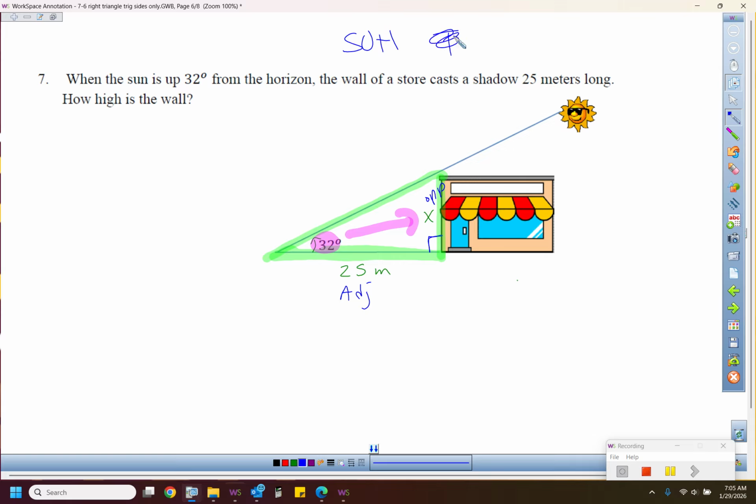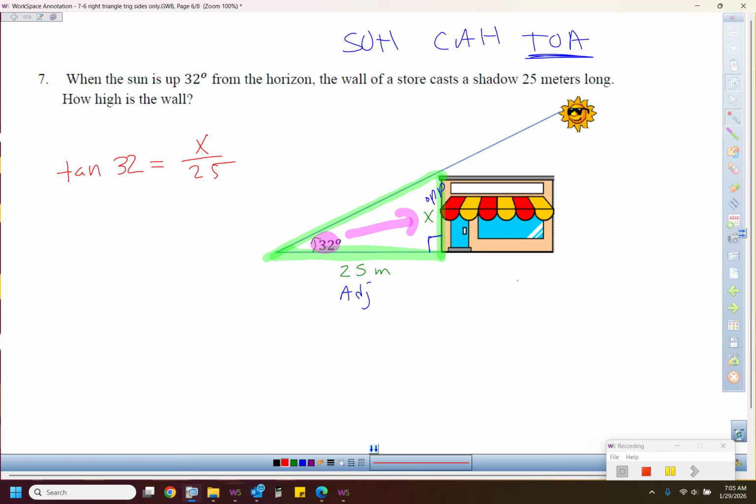And realize which one of these deals with opposite and adjacent. It is the tangent, right? So I'll do the tangent of the angle measure, which is 32, and that will equal opposite over adjacent.